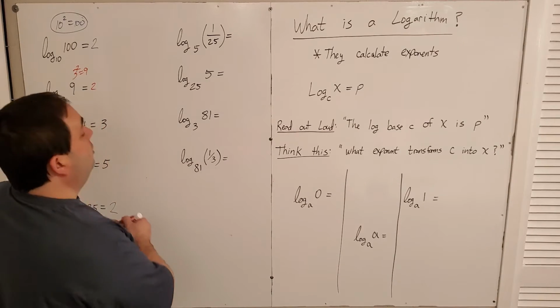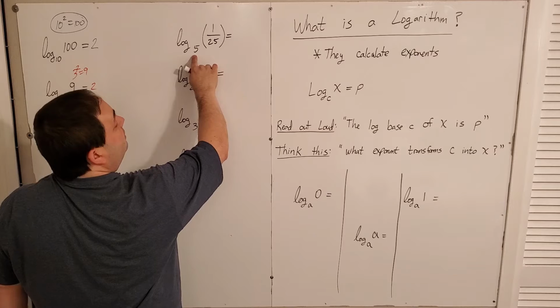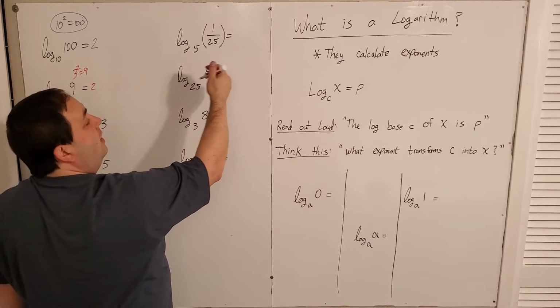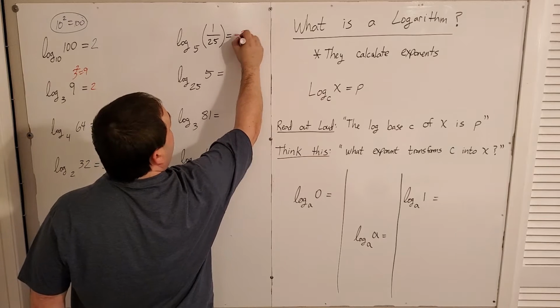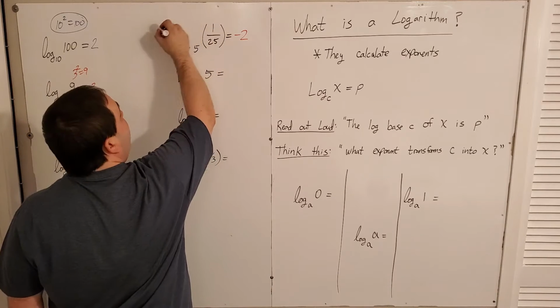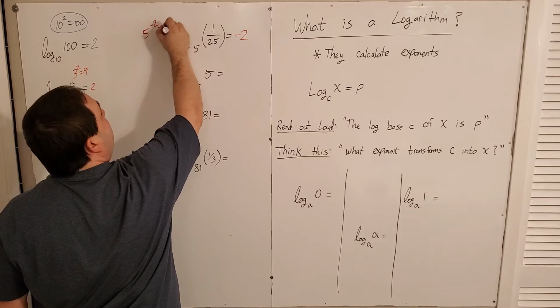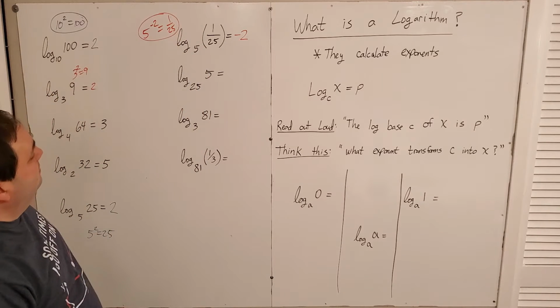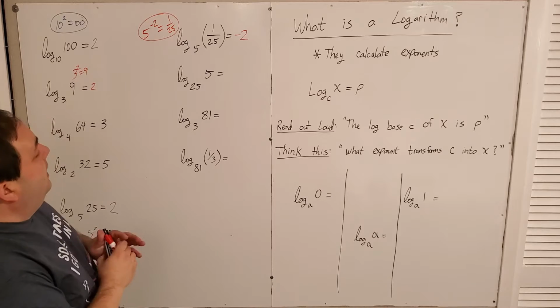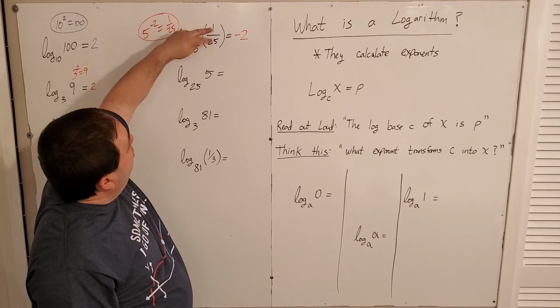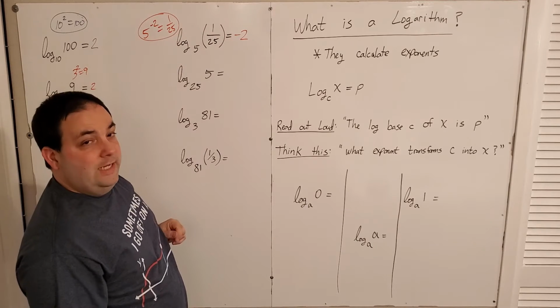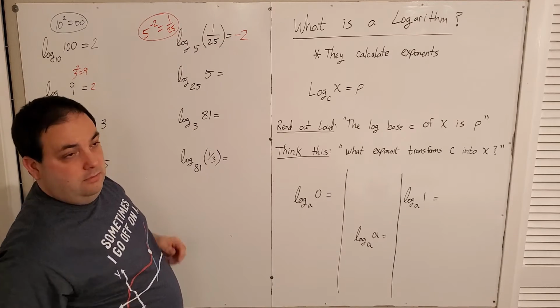Negatives. So look, 5 squared is 25, but it's in the denominator. So this would be negative 2, right? Because 5 to the negative 2 is 1 over 25. Okay, so look, anytime you do a reciprocal of either the base or the argument in a logarithm, it changes the sign of the result.